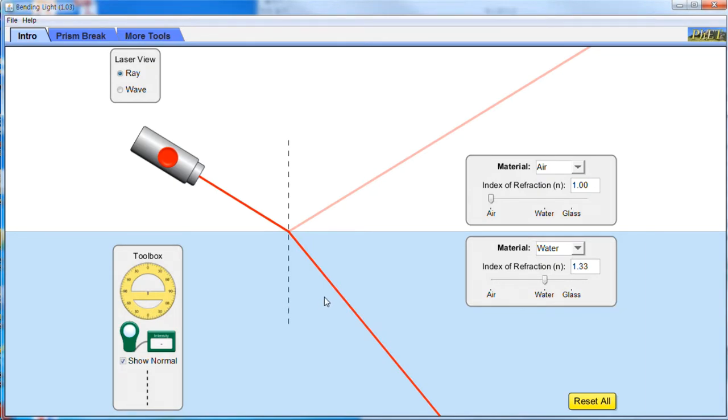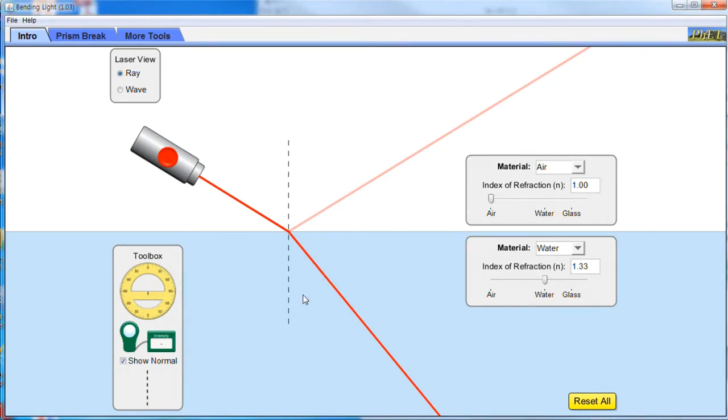The reason why this is smaller is because of a quantity called the index of refraction. Here we can see that the index of refraction for the air is equal to 1.0, and the index of refraction for the water is 1.33. 1.33 is larger than 1, and as you can guess, when the index of refraction is larger, the angle of refraction becomes smaller.